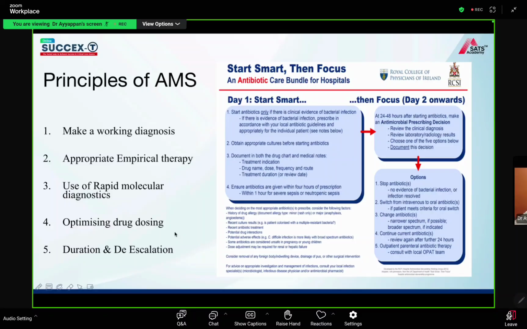and after 24 to 48 hours, once you have got a grip over the clinical diagnosis, radiological diagnosis, as well as the culture report, decide on the possible options you have. If the patient remains sick, continue on the carbapenem which you have started. If the patient has stabilized and your diagnosis itself is wrong and probably you are dealing with something else or a hyperinflammatory state, you may very well consider stopping the antibiotic.